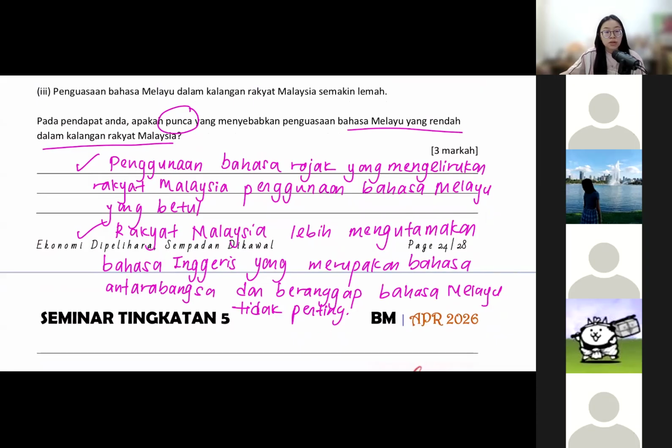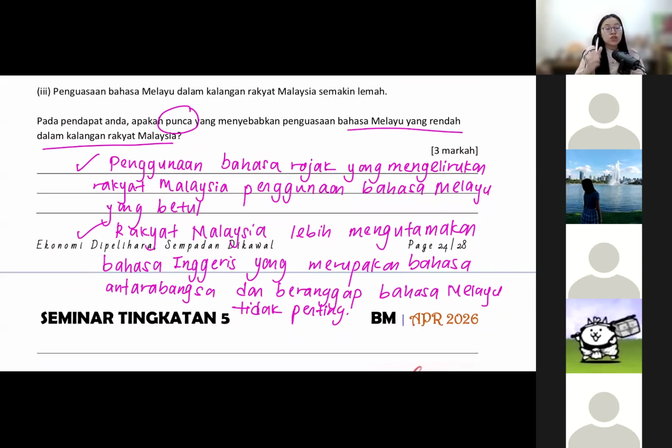If you want to say lack of, okay, now normally your parents at home, right? What is the language they use? Normally they would use BM, right? Pengaruh media sosial. I remember it's not called social media. Social media is for English. In BM we call it media sosial. Menyebarkan maklumat palsu tentang bahasa Melayu.